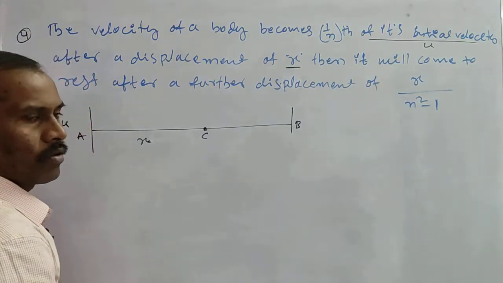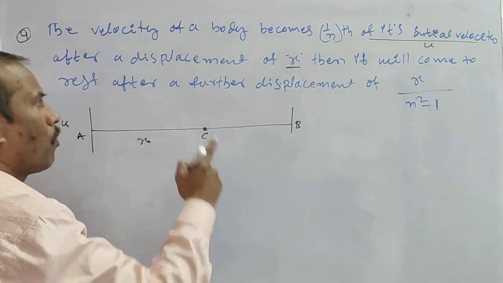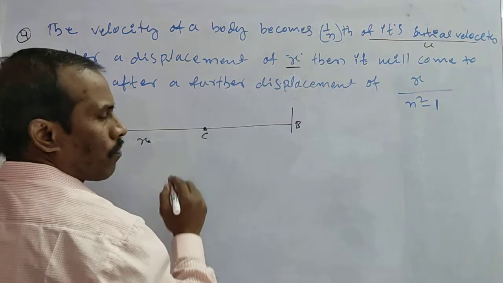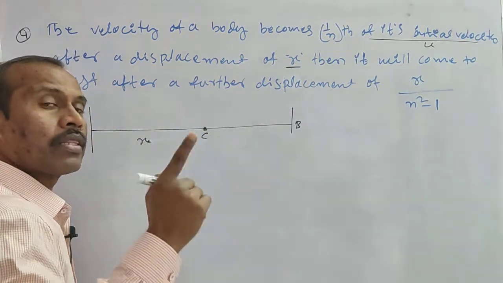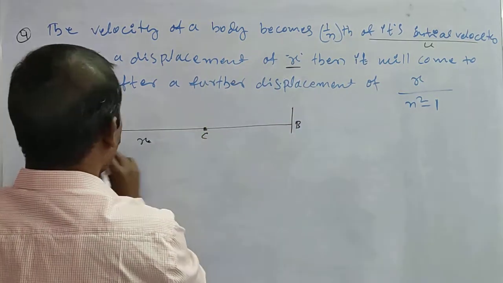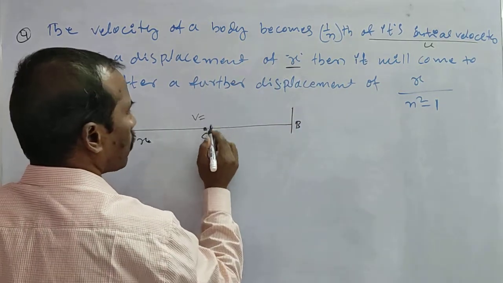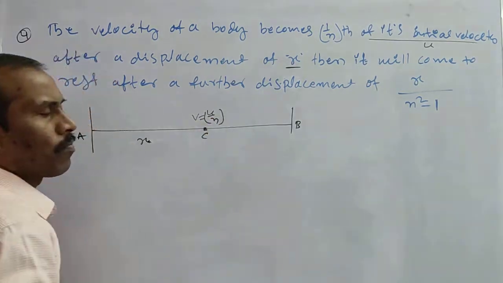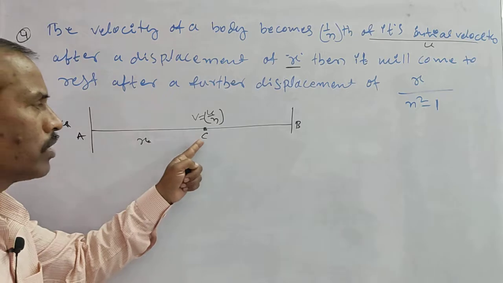After a displacement of x, this is point c. The velocity of the particle becomes 1 by nth of its initial velocity. That means the final velocity here is u by n, from point a to point c.